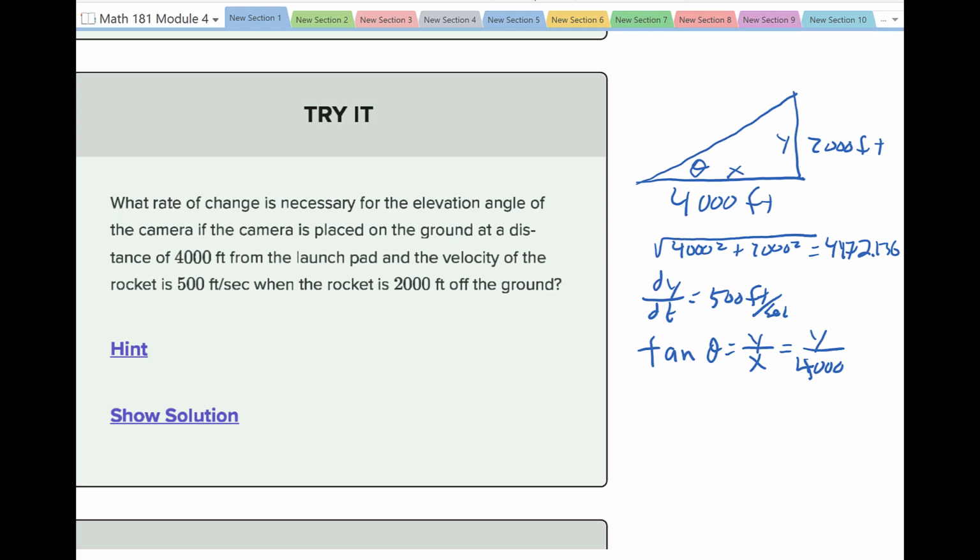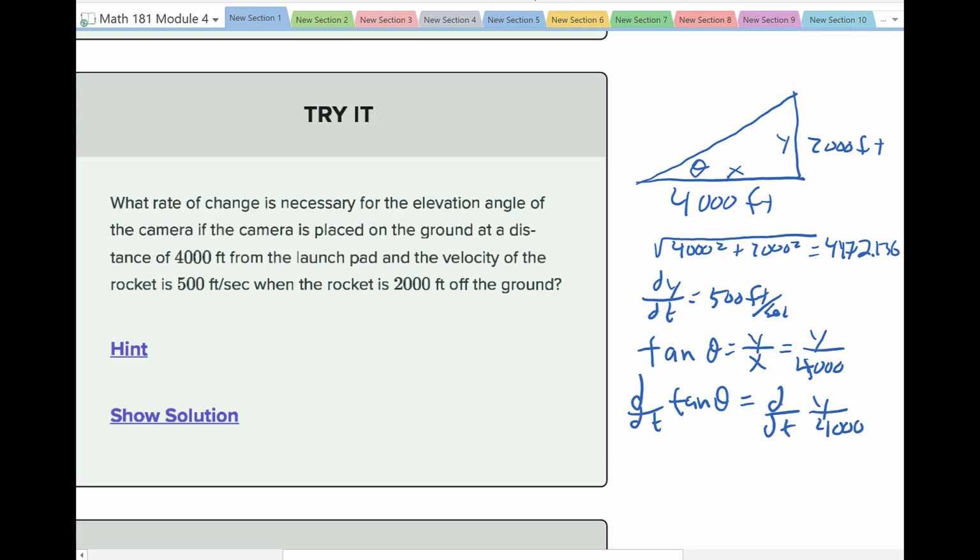So if I take the derivative with respect to t of tangent theta equals the derivative with respect to t of y over 4,000.